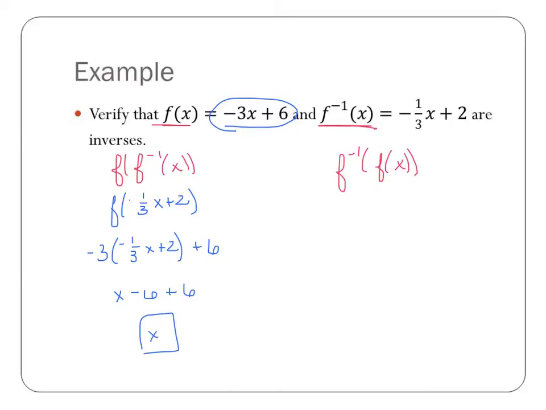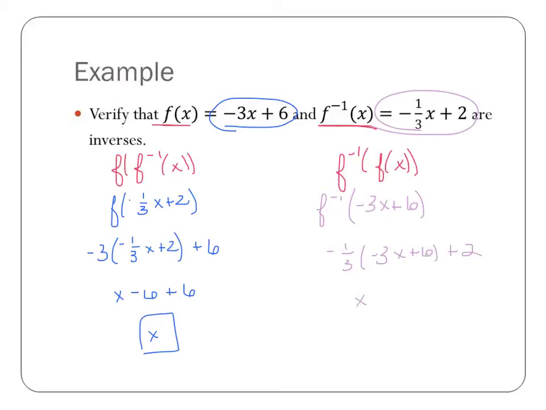So you're just going through the steps to verify, then you should get x as an answer. If you don't get x as an answer, then something is wrong someplace. So f inverse of negative 3x plus 6, and then I'm going to evaluate our f inverse. So this is negative 1/3 times negative 3x plus 6, plus 2.